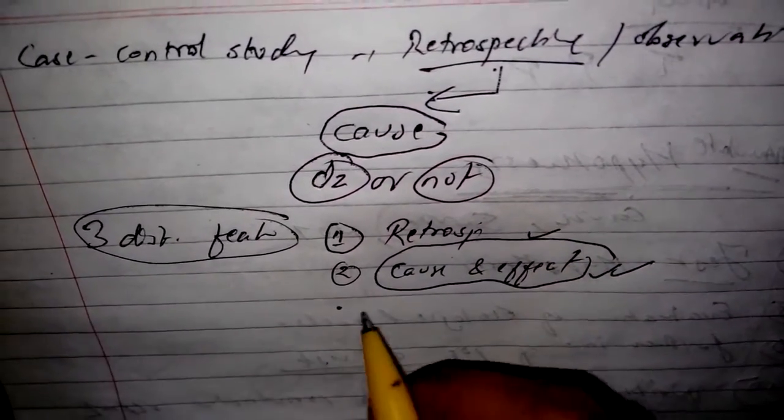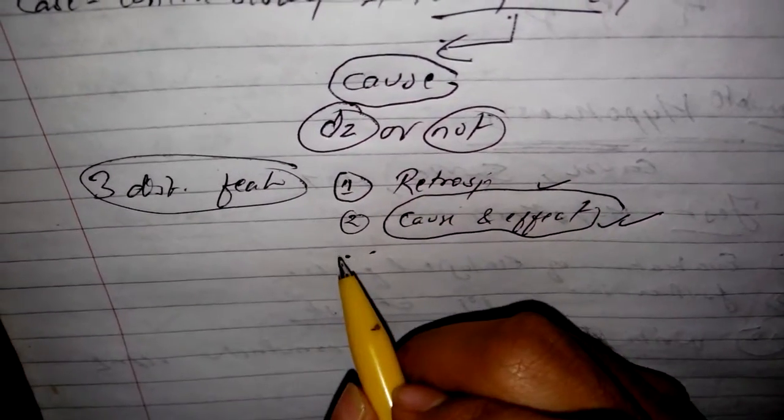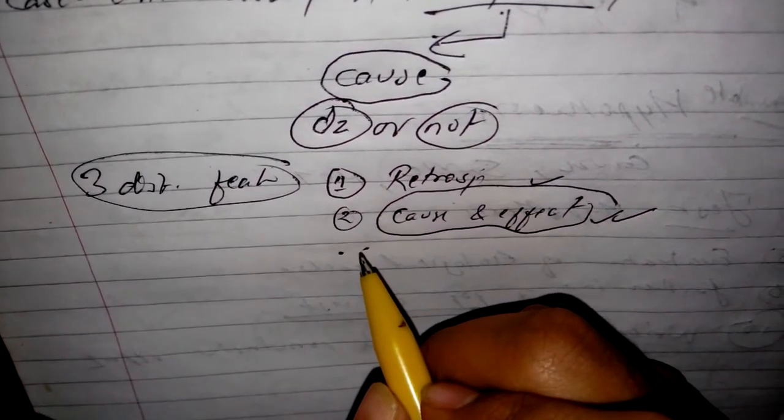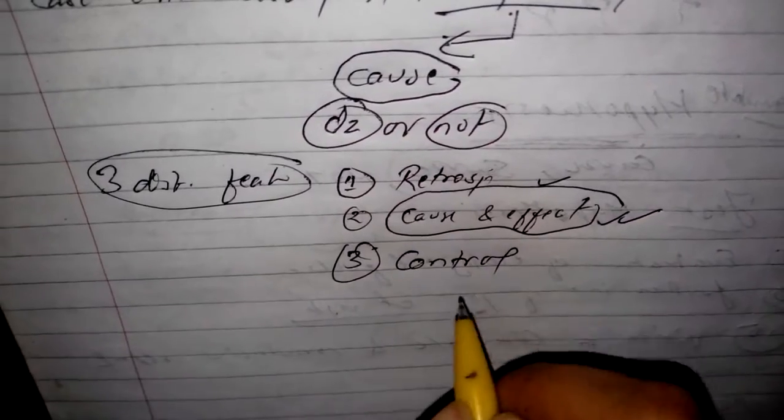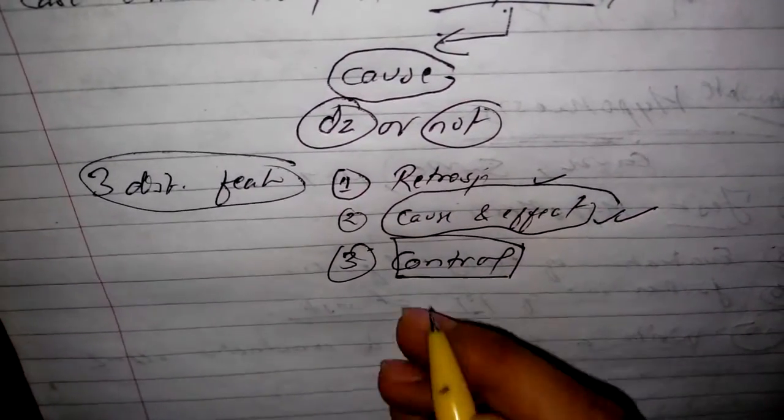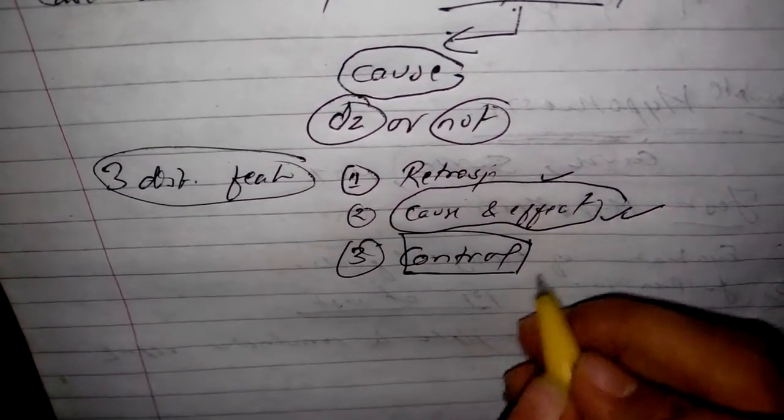And the third one is that it uses a control, some control in which the disease has not occurred.